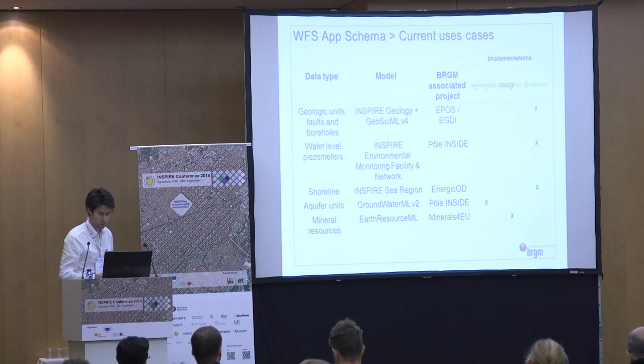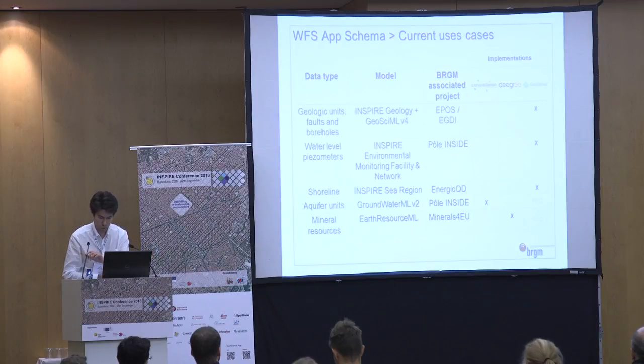We have geological units, faults and boreholes, that are used for the EPOS and EGDI projects and implemented by GeoServer. We also have some water level piezometers that are provided by GeoServer too.